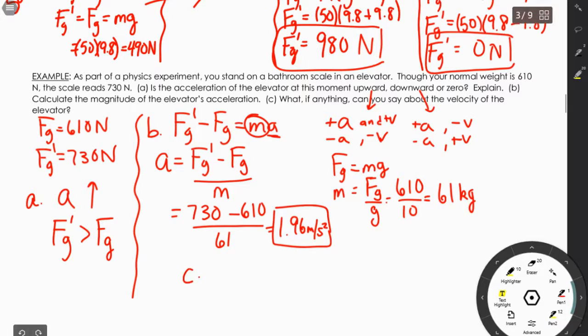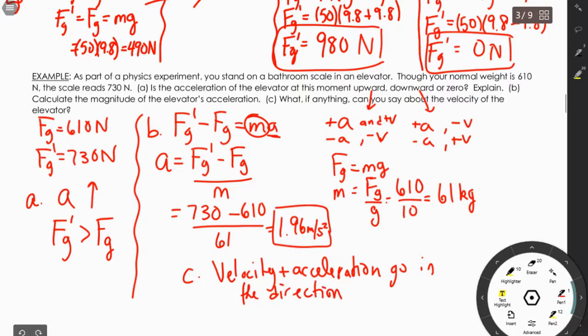Part C, what, if anything, can you say about the velocity of the elevator? Because we said the acceleration was upward and our acceleration ended up being a positive number, we would say the velocity and the acceleration go in the same direction. Now, we can't say if it's up or if it's down.